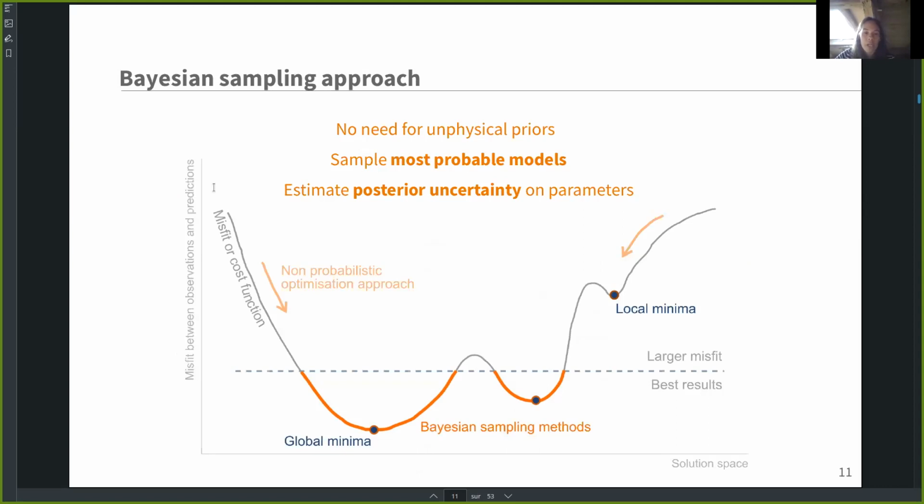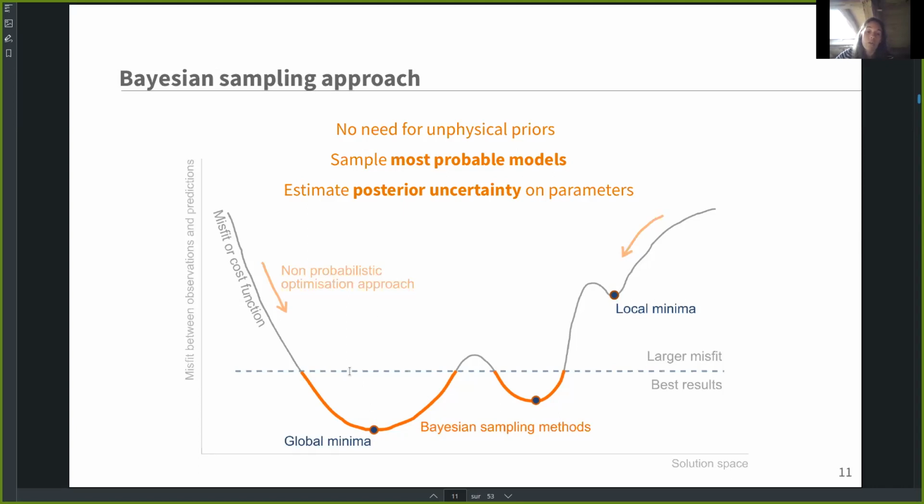In gray here, you have the residuals between the predictions and the observations. That's what we are trying to minimize when we are solving the inverse problem.